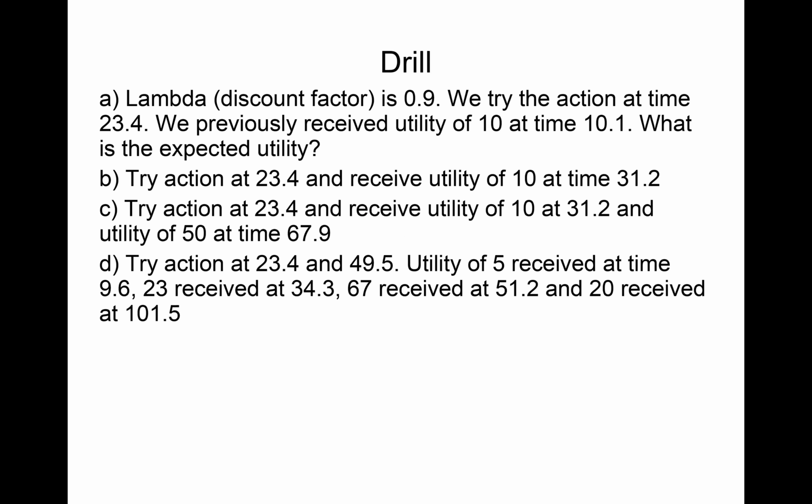So 67 times 0.9 to the 51.2, and the trial time is 49.5 in this case. And then 20 times 0.9 to the 101.5 minus 49.5.